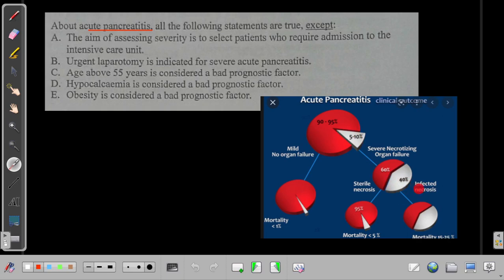Of those people with infected necrosis, the mortality is going to be about 20%. Okay? So in general, of all cases of acute pancreatitis, you have around 10% mortality. That's why it should not be taken lightly. It is a serious disease. Okay?